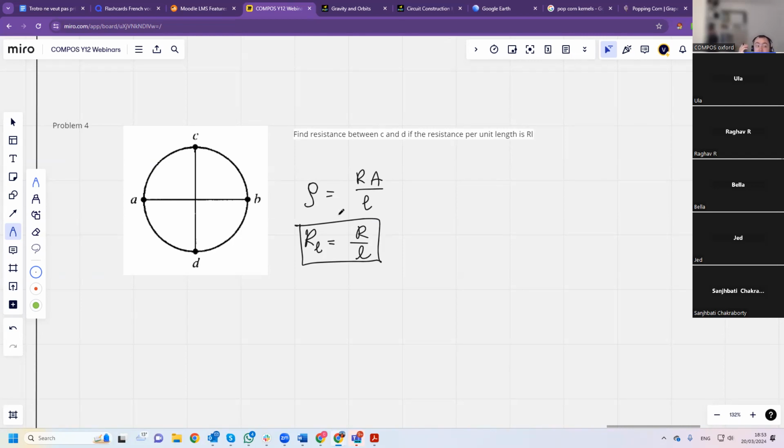You're interested in the resistance per unit length, because if you know the thickness of the wire, why would you need to use it if this is much more convenient in practical applications?